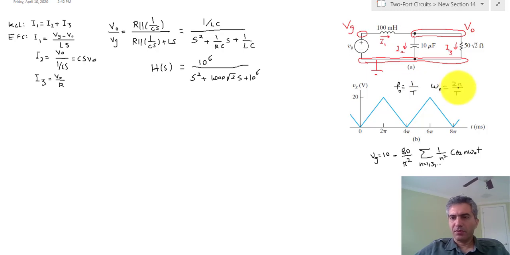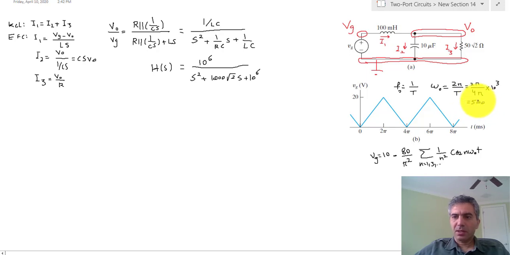Putting that here, 2 pi over 4 pi times 10 to the minus 3, since this is in milliseconds. That would be basically 500. So omega 0 is 500, and the third harmonic is 1500, and so on and so forth.